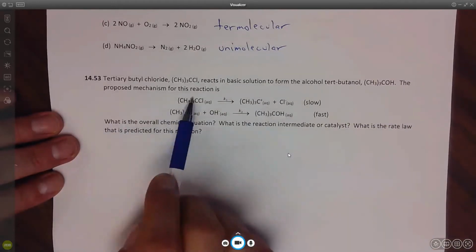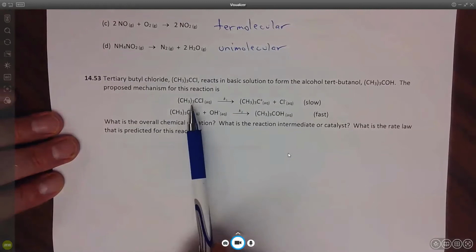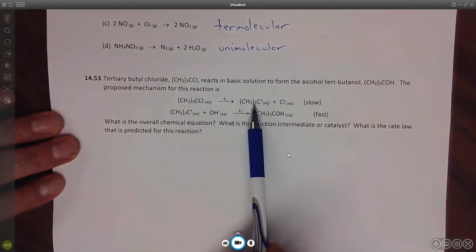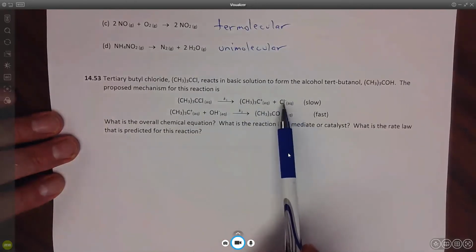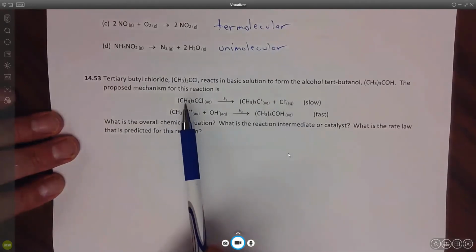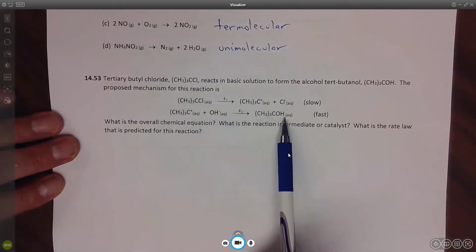The proposed mechanism for this reaction is 2 steps. We have this first slow step where the tert-butyl chloride ionizes to form what is called a carbocation and chloride. The carbocation, which is extremely unstable because carbon doesn't like to form ions, reacts with the hydroxide in the basic solution to form this alcohol, which is our tert-butyl alcohol.